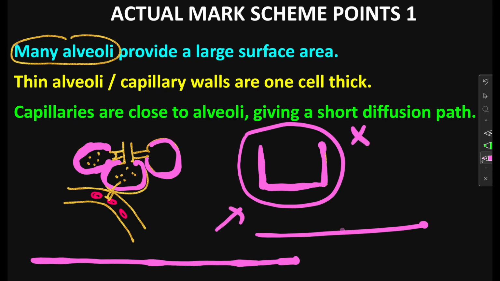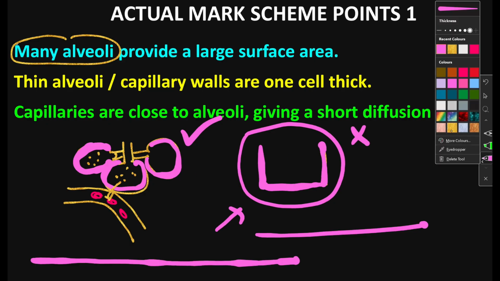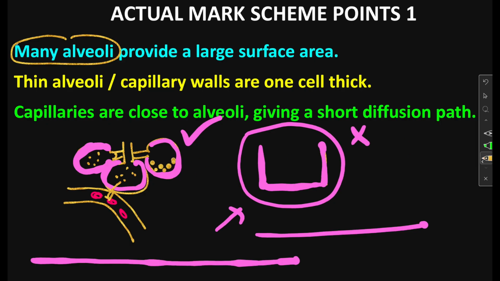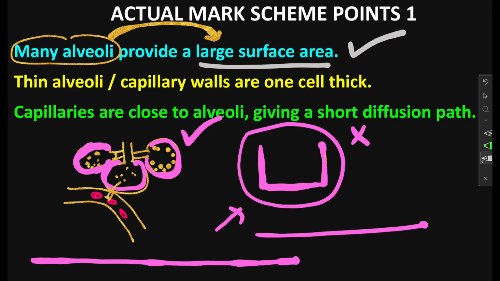So this one is not giving you a larger surface area, but this is giving you a larger surface area, and each part will be used by the oxygen particles to diffuse from everywhere in the circle into the blood. So this is your adaptation, and this is your link, the reason why it is an adaptation. This is the right way to think.